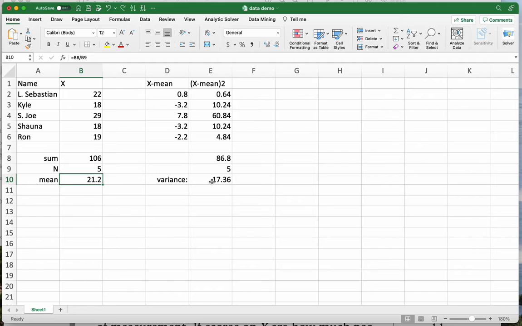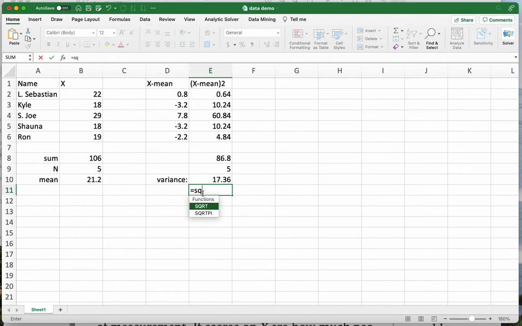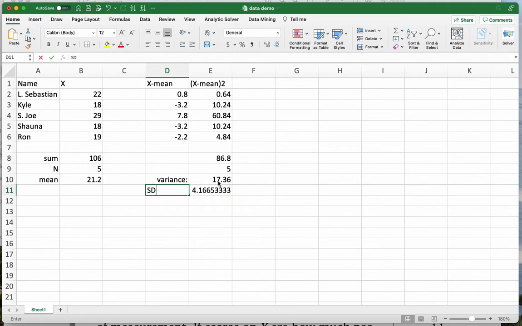So by taking the square root of it, I get standard deviation. I'm just going to tell Excel to do that work for me. The square root function is SQRT. Square root of what? That. And I'm going to label this standard deviation. Okay. There we have it.